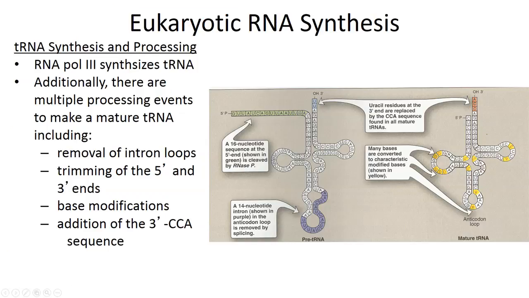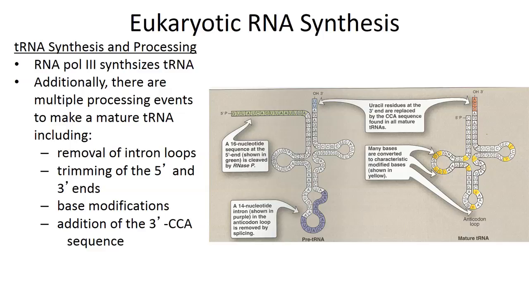Okay, next we're looking at transfer RNA synthesis. So RNA polymerase III in eukaryotes transcribes transfer RNA. In prokaryotes, it's just the RNA polymerase. So you might remember the transfer RNA is very small. Even in its initial state, it's very small.